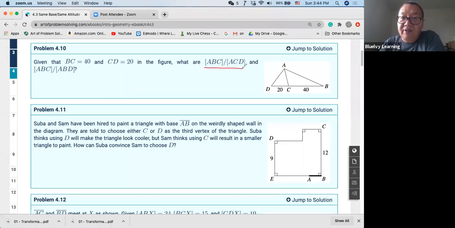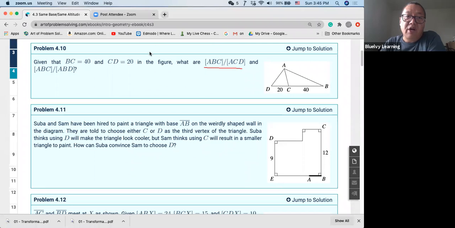This one, the square bracket means we try to find the area of triangle ABC. Let's suppose BC is the base. Triangle ABC and ACD have the same altitude from A, right?